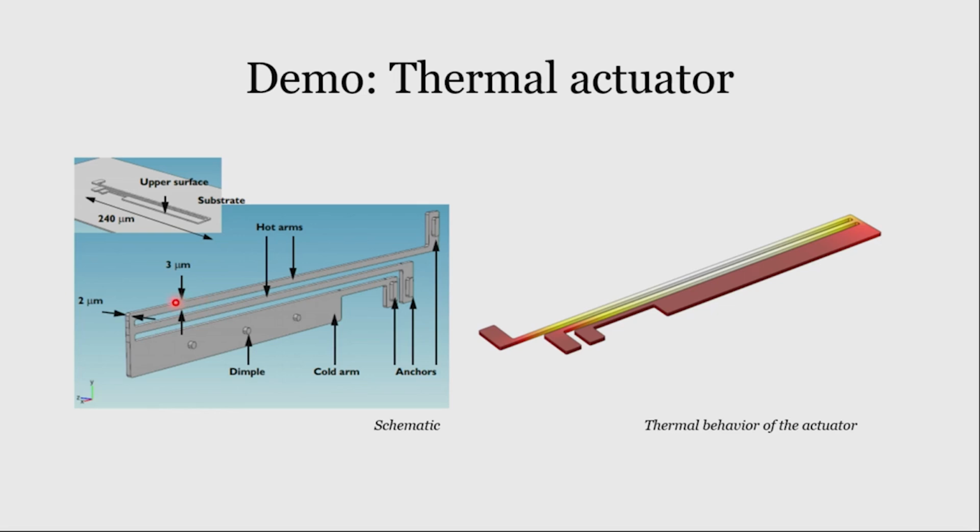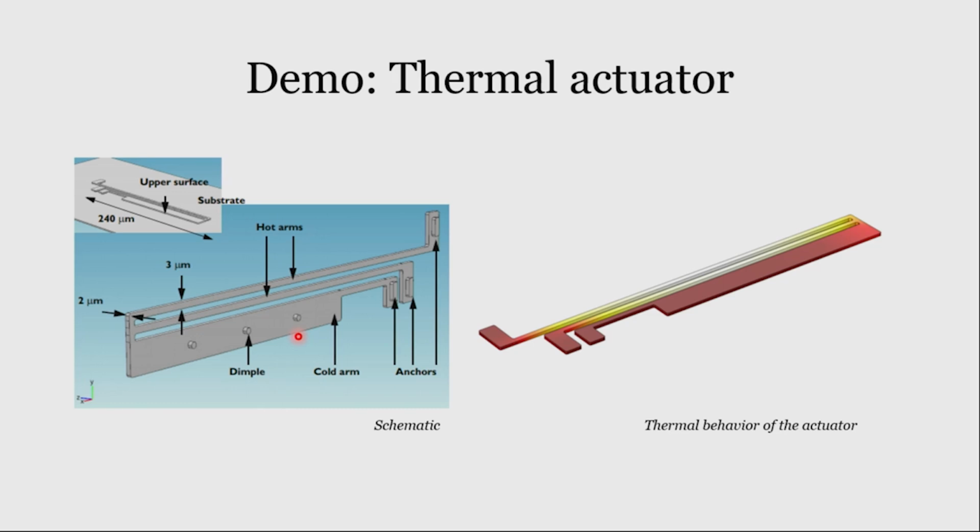Over here also, if you imagine that the top layer is expanding, okay, and what we are assuming is that these 3 anchors are having a fixed constraint, that is, it cannot move in any direction. On these dimples, so this is the first dimple, second dimple and third dimple, we give roller boundary condition, that is, it can allow the motion only in tangential direction, not in normal direction, okay.